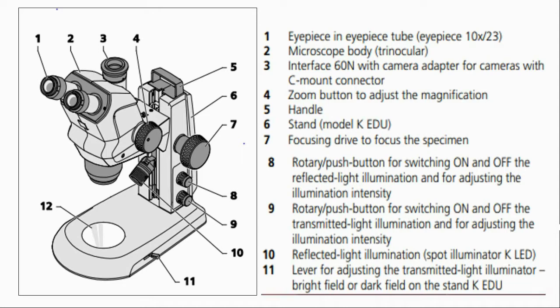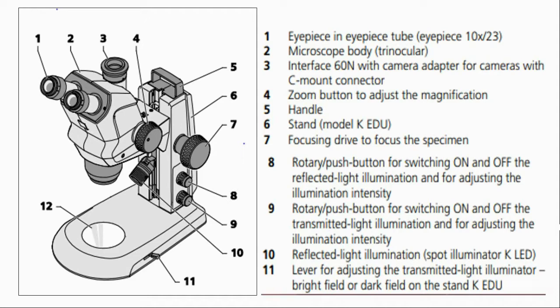Then sixth is the stand of the microscope, seventh is the focusing drive, eighth is the rotary push button for switching on and off the reflecting light illumination and for adjusting the illumination intensity. Ninth is the rotary push button for switching on and off the transmitted light illumination and for adjusting the illumination intensity. 10th is the reflected light illumination.